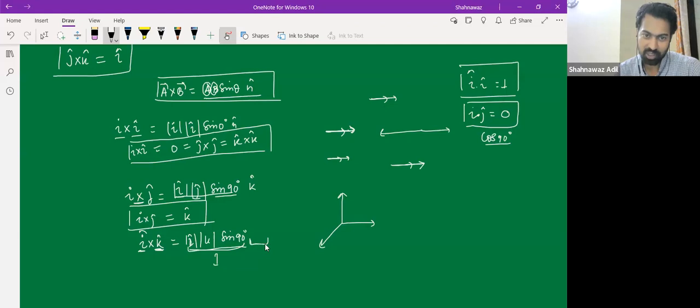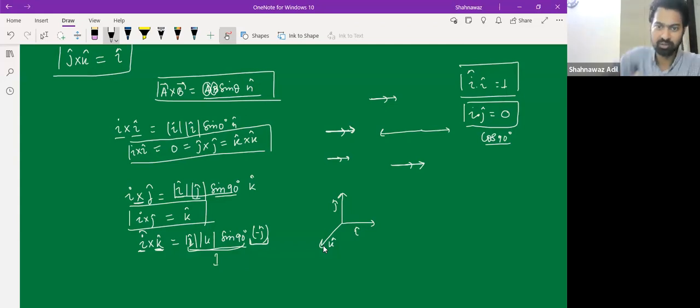So what would be the direction? I don't have 3 pens right now. I have to move somewhere else, and then I need to show you. So you guys think about why this would be minus J. Yes, Rishita's answer is correct. This is I, this is J, and this is K. So you are going this way.